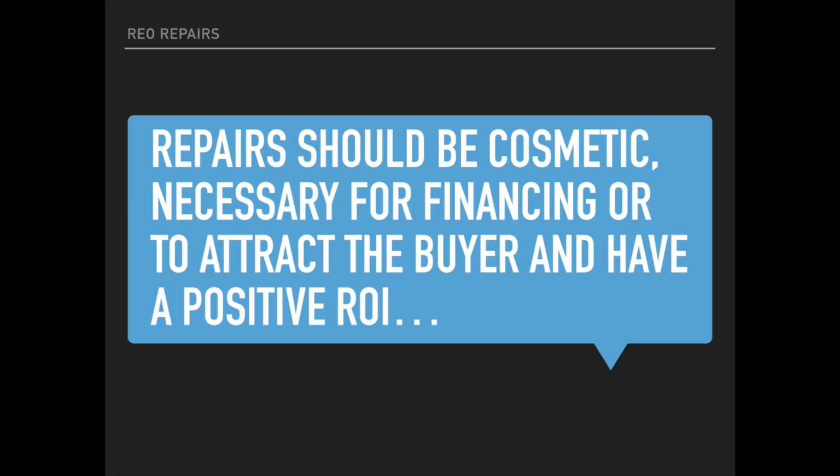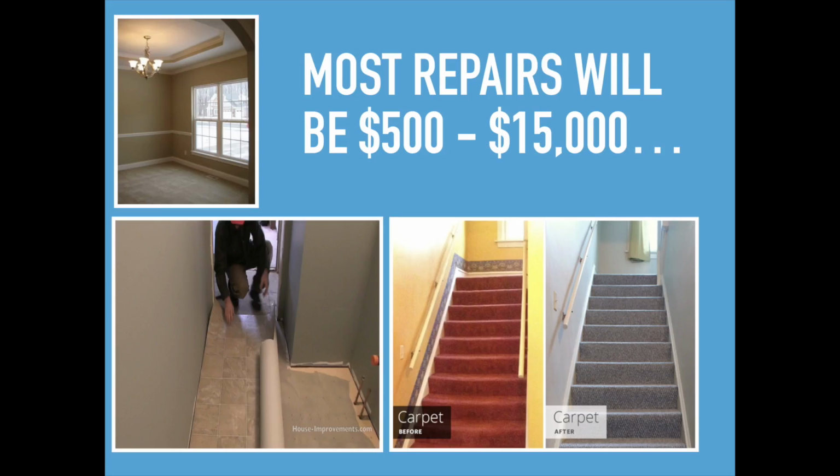When you're looking at repairs, an asset manager is going to ask: are these cosmetic repairs? Are they necessary for financing? Will they help me attract a buyer? Will they have a positive ROI? That's what they're looking at: how can I sell the property and sell it for more? Because of that, the majority of repairs on an REO property are going to be anywhere from $500 to $15,000, and you won't see very many that are higher than that.